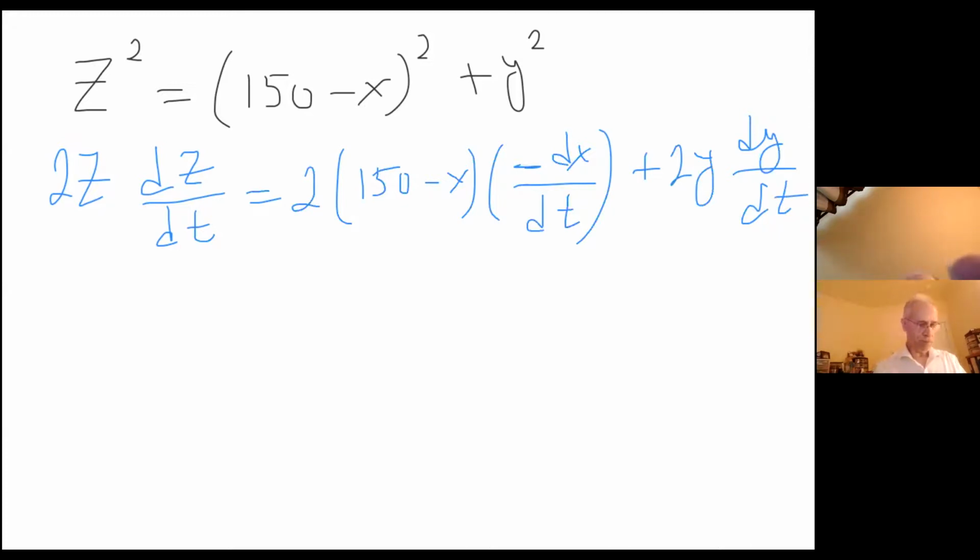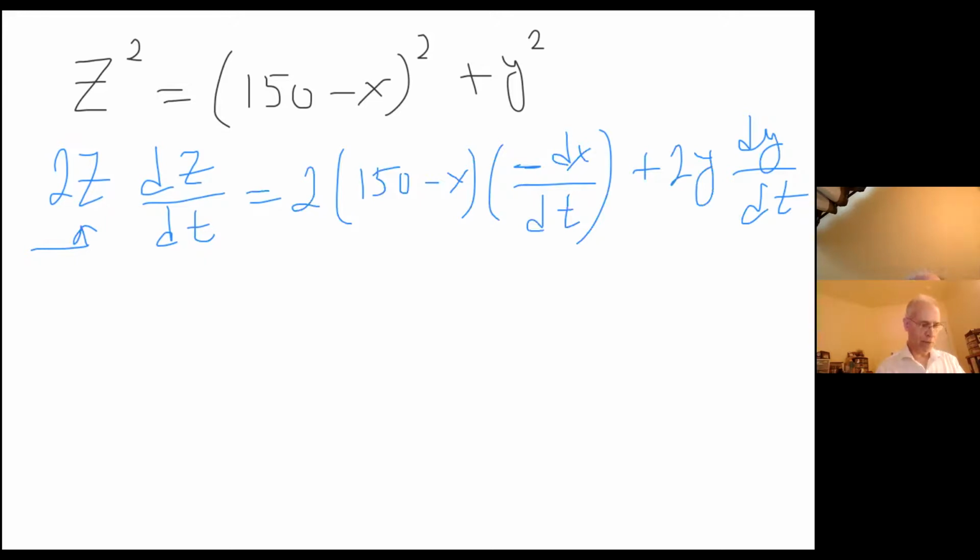So the value of z, we're going to have to calculate in 4 hours. We need to find dz/dt, but both dy/dt and dx/dt are given to us.